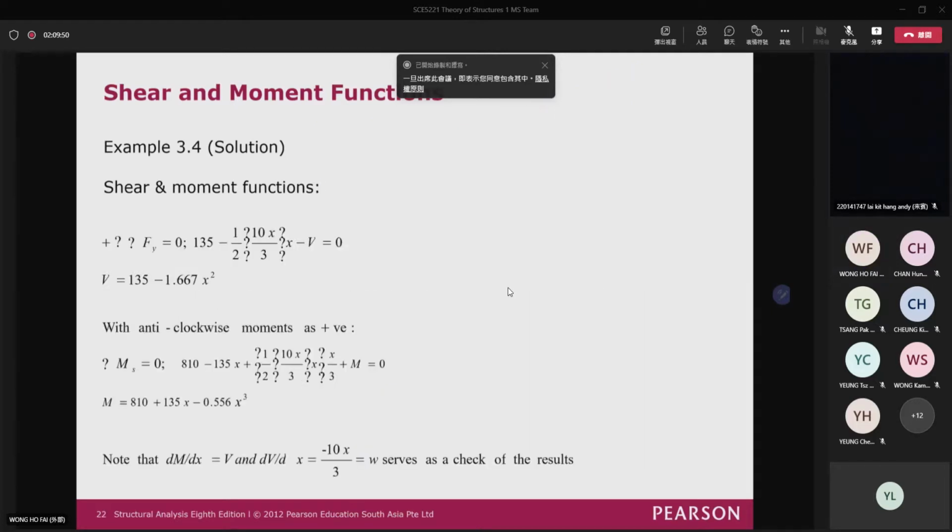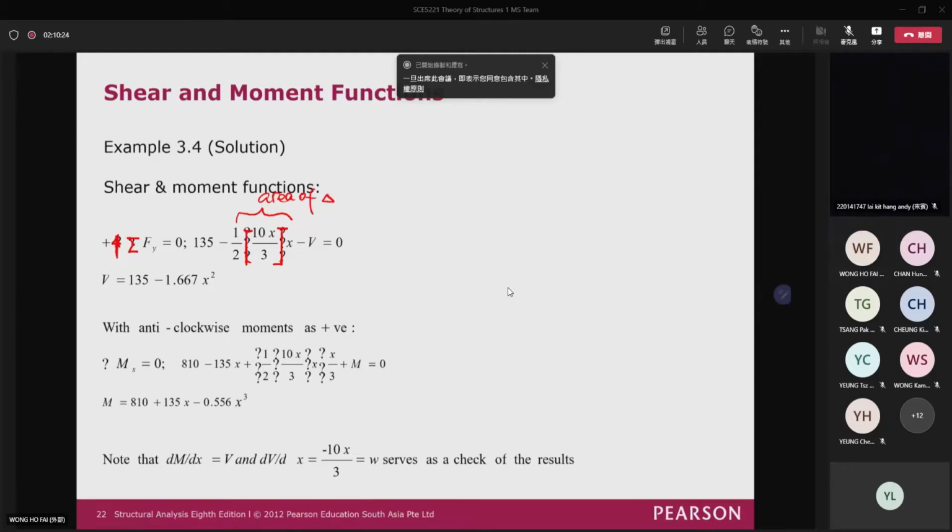Then here you can find the shear function by using summation Fy equal to 0. Again, don't worry too much, because this question mark is pointing upward, and this is the summation. So 135 is the support reaction pointing upward, and this one is the area of the triangle, which is the total load applied downward.